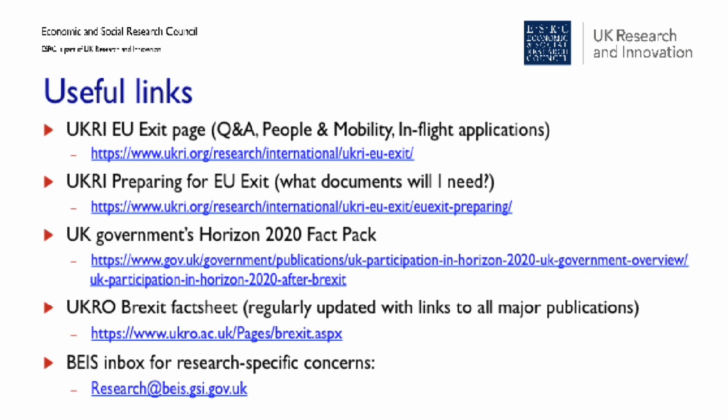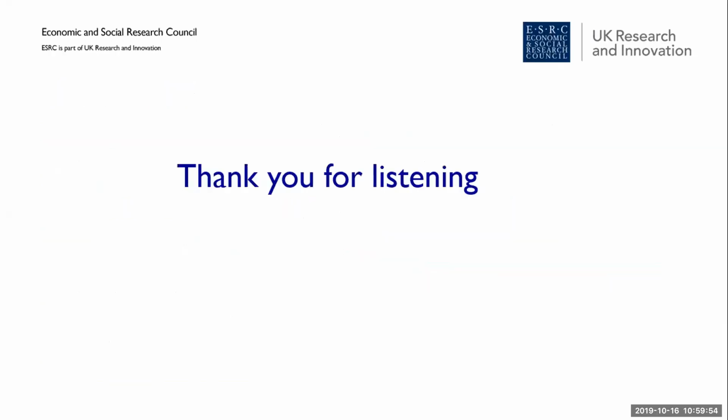There's an Upgrade Brexit fact sheet, and that is regularly updated with links to all the major publications, so it's kept up to date really nicely. And there is a BAYS inbox for research-specific concerns. If you did email anything to BAYS, I would ask if you could copy me in. It would be really useful to know what is worrying you specifically, and whether there's anything that I can do.